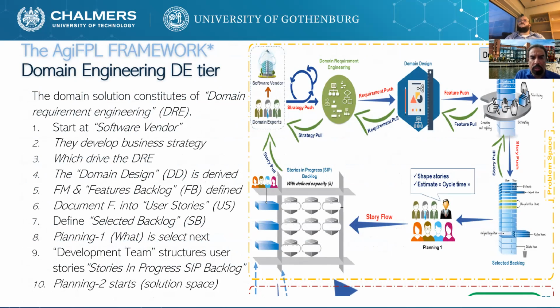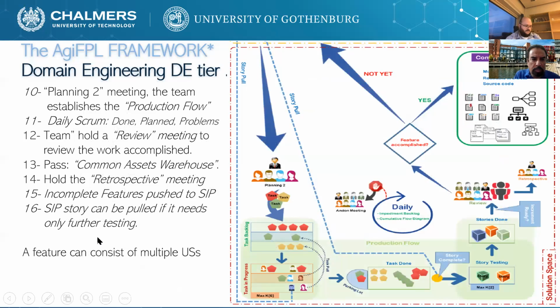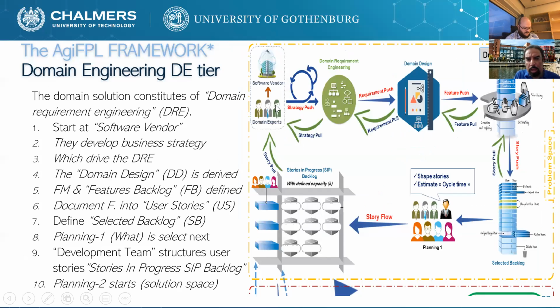So I give an example here of how you are moving from the domain engineering level, and I showed here 16 steps of what they have done to comply with the requirement of short Scrum cycles to produce not only software artifacts at the end, but I'm talking here about domain engineering.